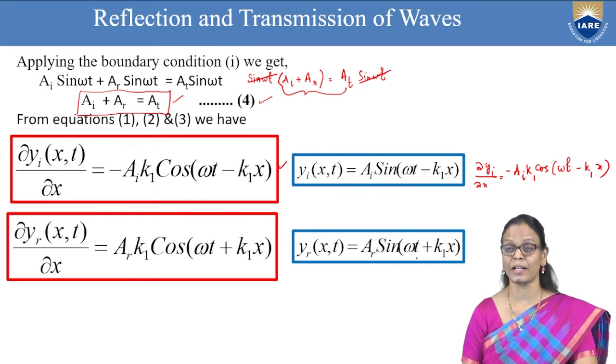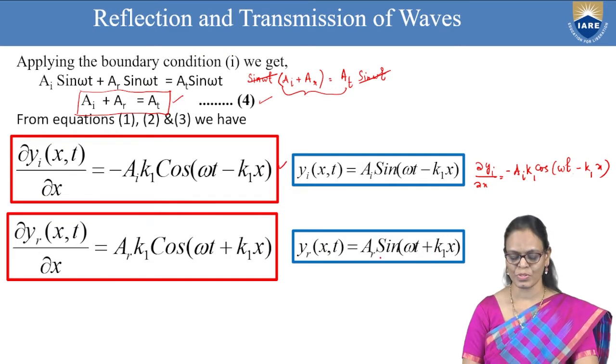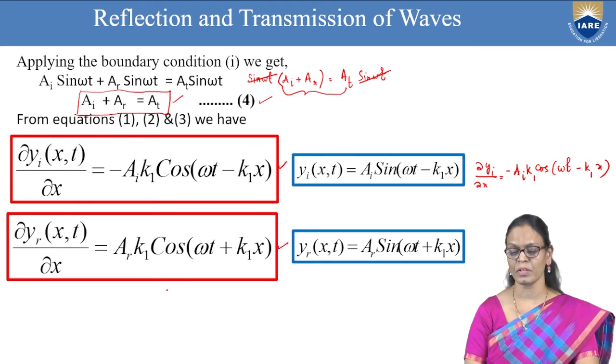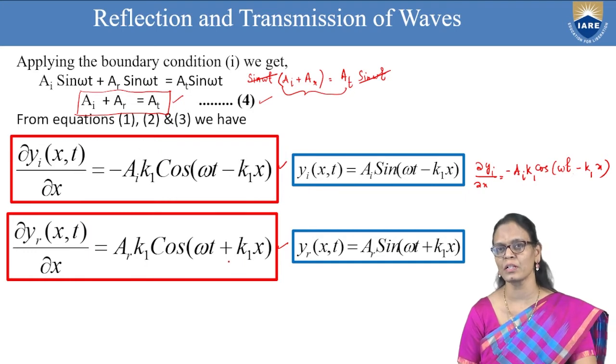We are keeping the time constant and taking the partial derivative with respect to x. So for sin(ωt + k1x), we get cos(ωt + k1x), and for k1x, we get k1. So what we are getting here is Ar k1 cos(ωt + k1x). So this is what we get from equation 2.